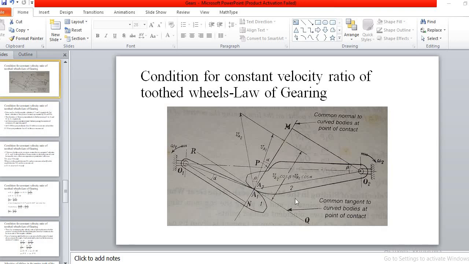So we consider these two curved bodies. Now these two curved bodies come in contact here at A1 and A2. Both curved bodies are joined at a common intersection point A. But in actual practice, the intersection point on the first gear and the intersection point on the second gear are slightly different, and these are considered as A1 on the first body and A2 on the second body.